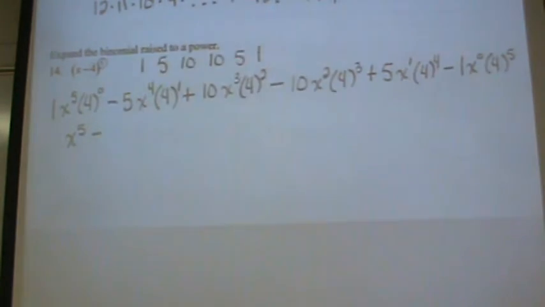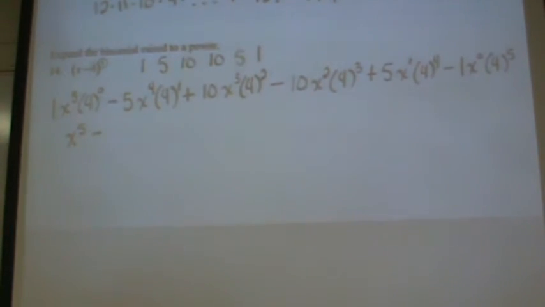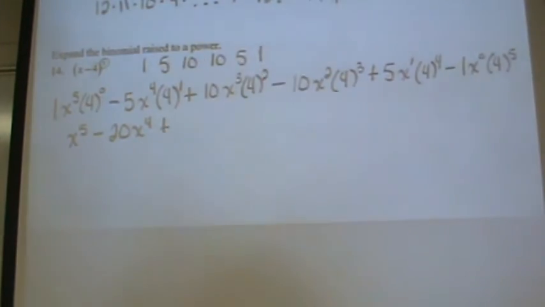Bring down your subtraction sign. Now you have 5 times x to the 4th times 4 to the first power. 4 to the first power is just 4. So you have 5 times 4 is 20 times your x to the 4th. Bring down your addition sign.